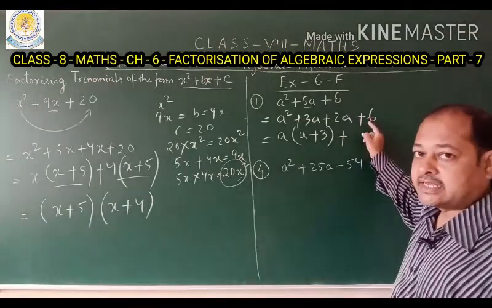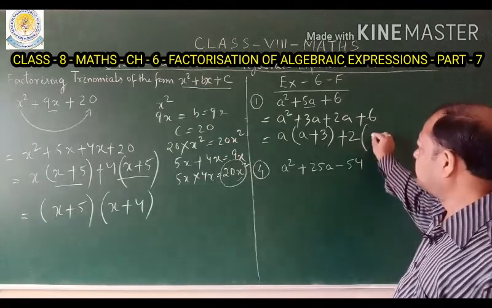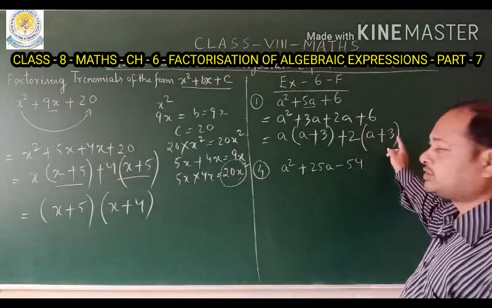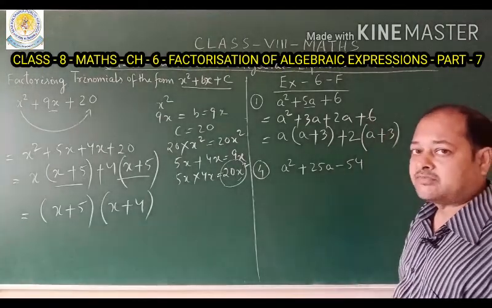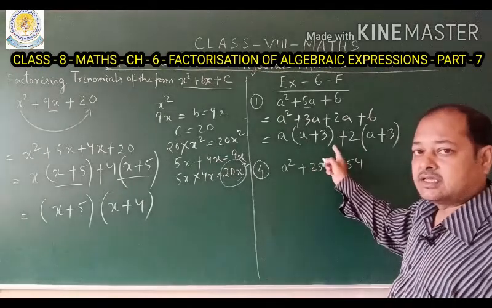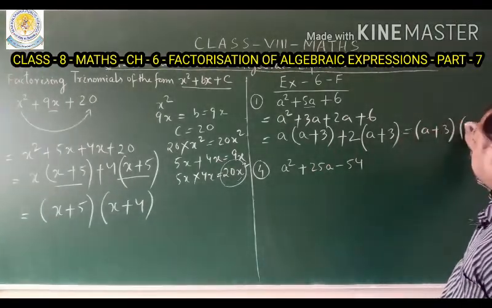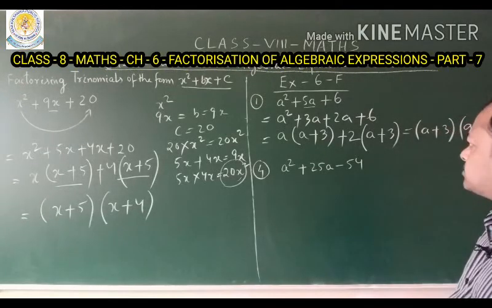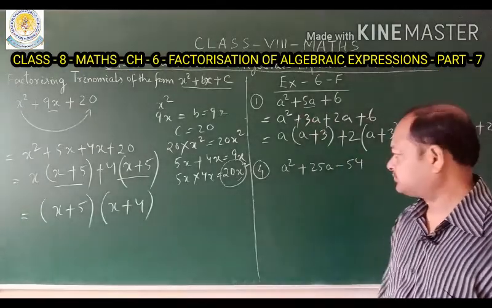That is 2. If you take 2 common, we get a plus 3, because 2 into 3 is 6. So we get the common binomial factor a plus 3. You can write a plus 3 into a plus 2. These are the factors of this algebraic expression.